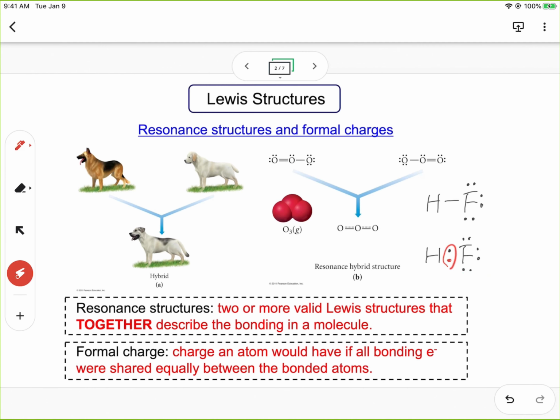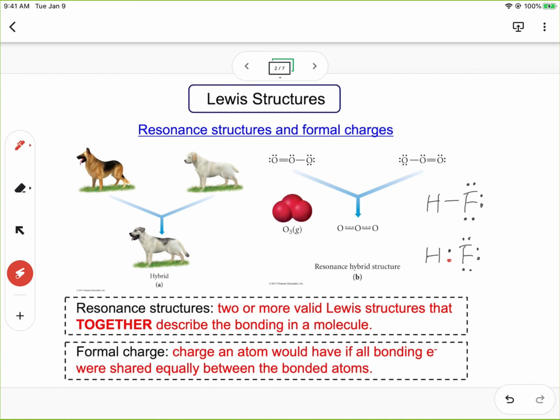Occasionally, those two electrons will move towards the hydrogen, but most of the time, they stay with fluorine. Although those two atoms are sharing these two electrons unequally, when we calculate the formal charge, we ignore this electronegativity difference.